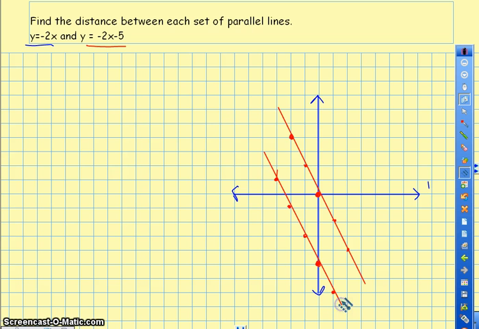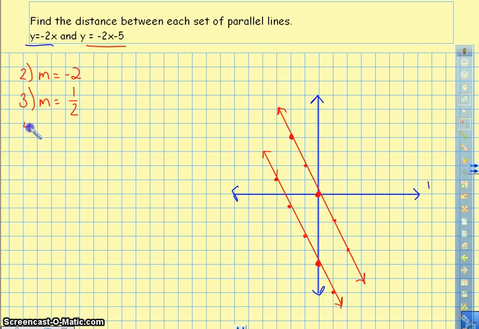As you can see, it visually looks like these two lines are parallel, so I know I'm on the right track. Now I'm going to begin my 7-step process. I've already done the first step. Second step, my slope is negative 2. I need the perpendicular slope. So the opposite inverse is going to be positive 1/2.